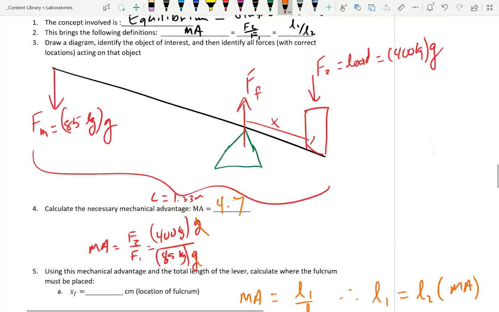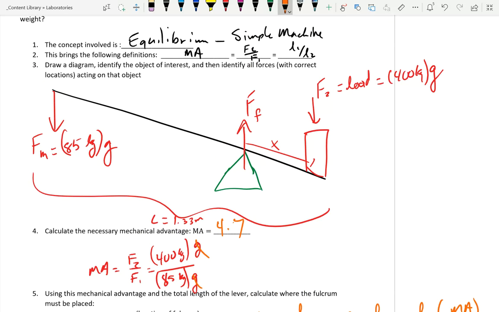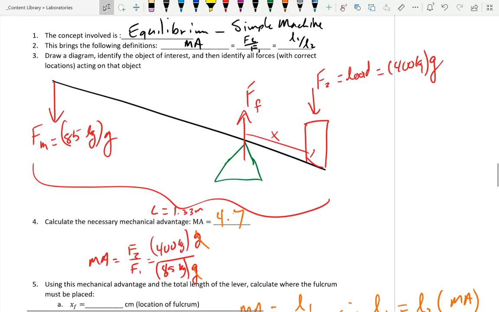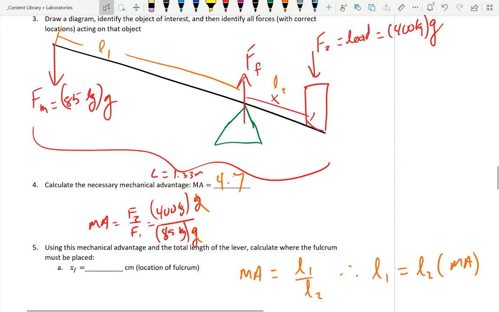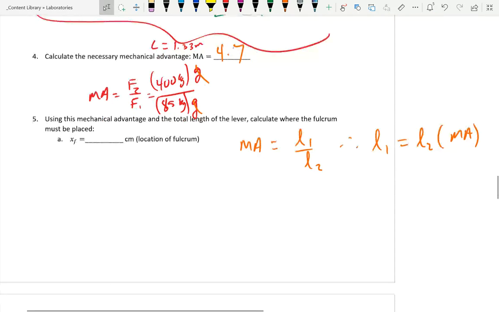And I can look up here and say, well, length 1 is this distance here, and length 2 is this thing that I called x. So in terms of x, what is length 1? 1.33 minus x. Yes.